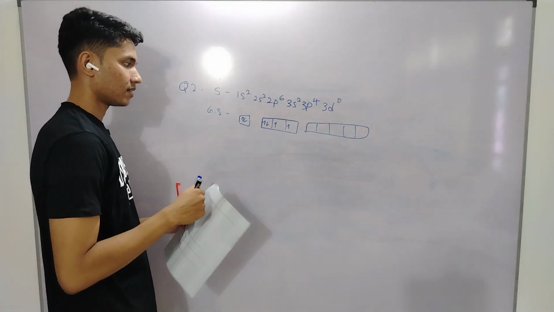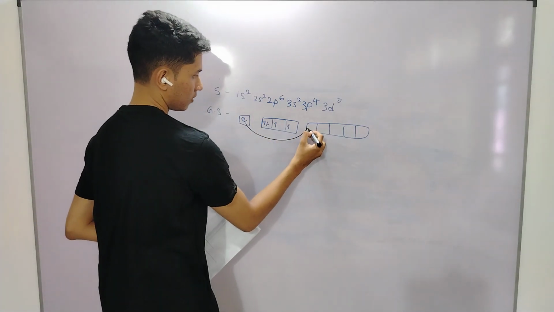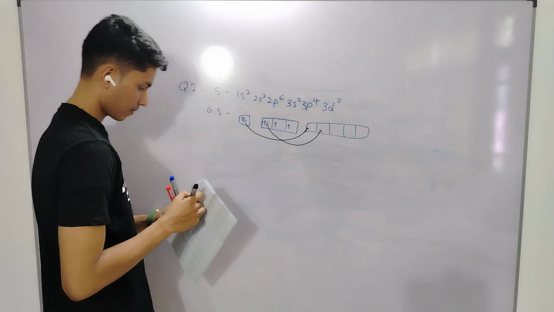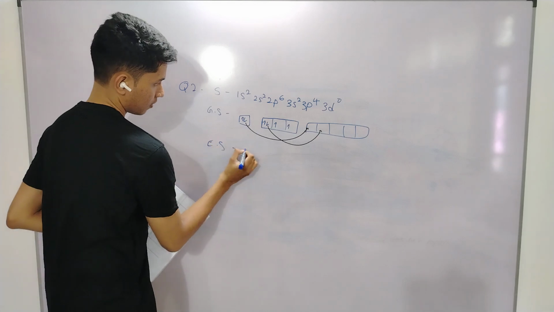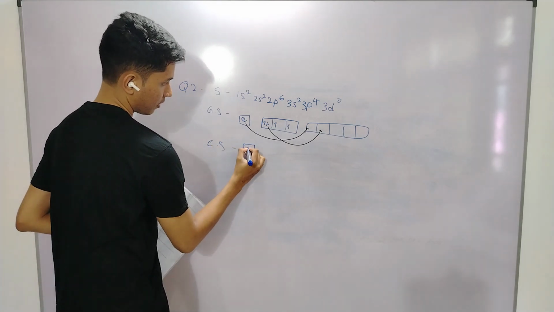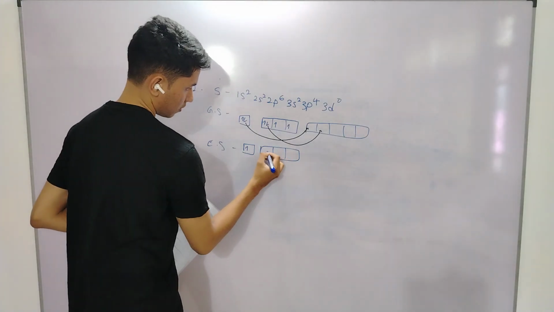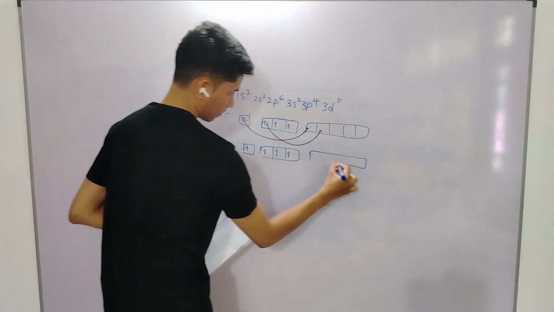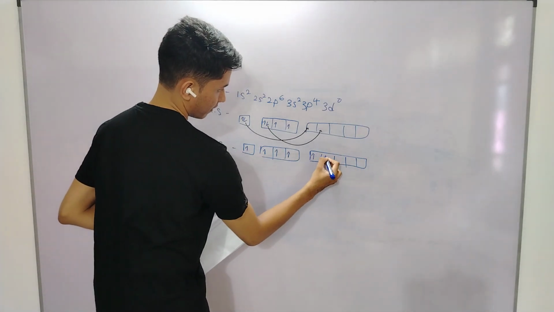So where are these electrons supposed to go? This one will go here, and this one will go here. So in the excited state, 1, 2, 3, 4, 5, 6.